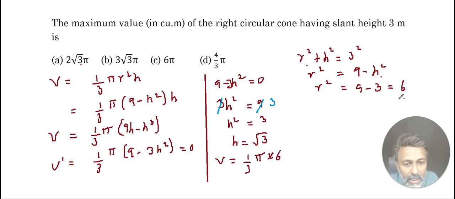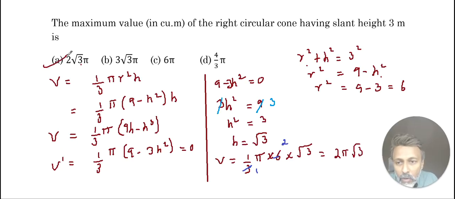R square is 6. We have just got that. Times h. H is root 3. We can cancel the 3s. So the leftover answer for us is equal to 2 pi root 3 or 2 root 3 pi, which is in option A.